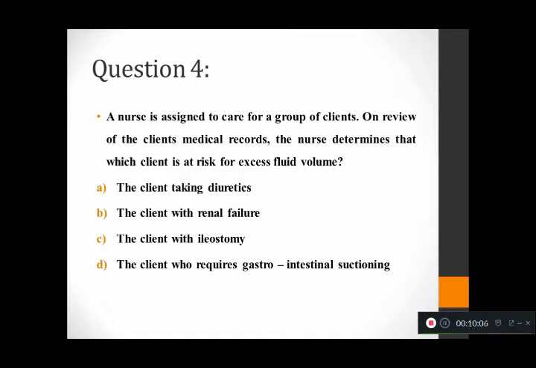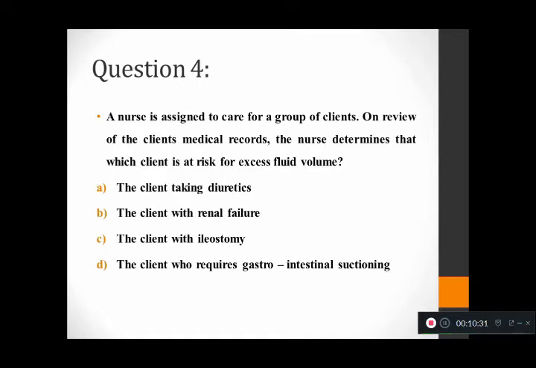So here the causes of excess fluid volume include decreased renal function, congestive heart failure, the use of hypotonic fluids to replace isotonic fluid loss, excessive ingestion of sodium, excessive irrigation of wounds in body cavities. So these are the various causes of excessive fluid volume.